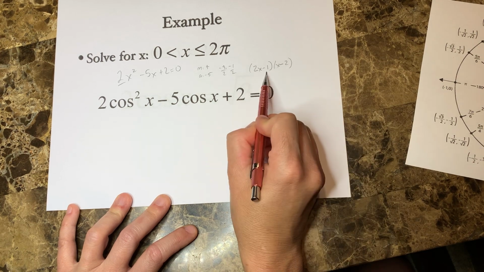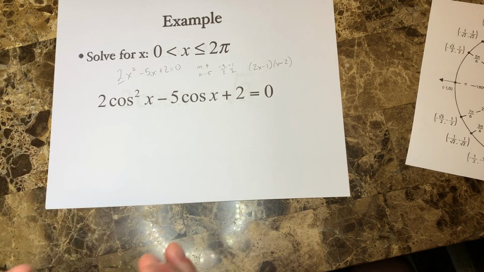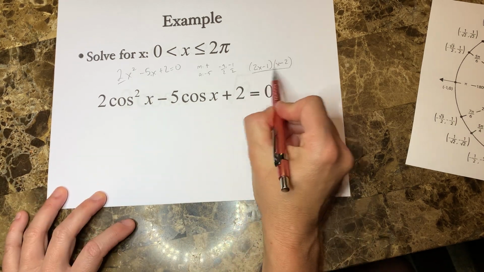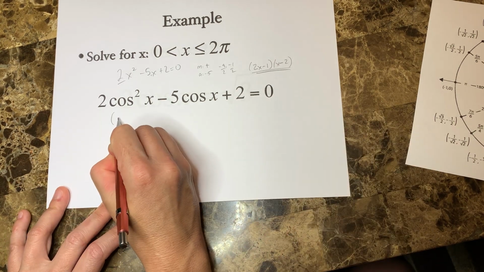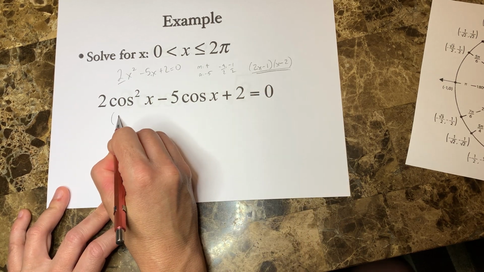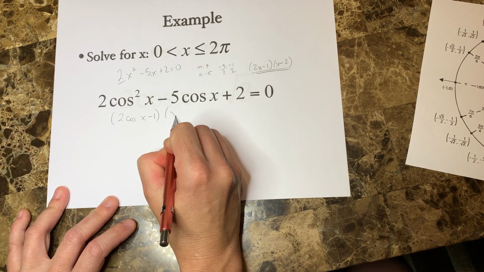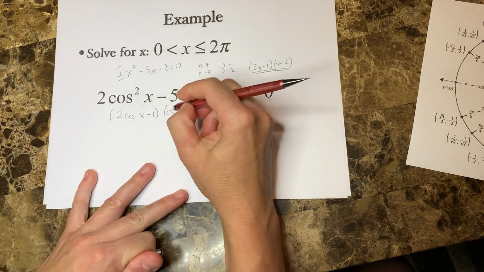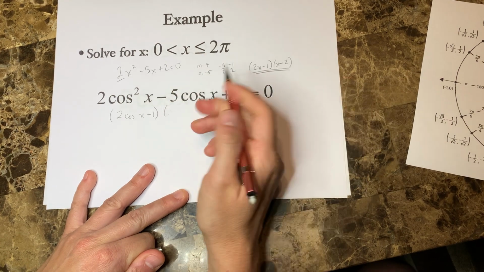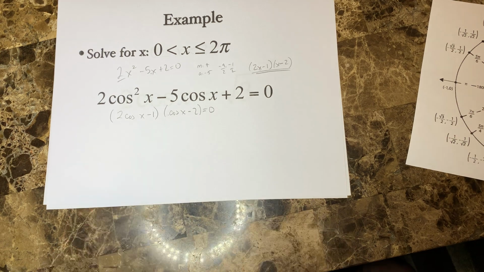So if you can factor this, then you can factor this. It factors the exact same way. In fact, I'm not even going to refactor it. I'm going to take this answer, and wherever there was an x, I'm going to replace it with a cosine of x. So I've got 2 cosine x minus 1 times cosine x minus 2 equals 0.